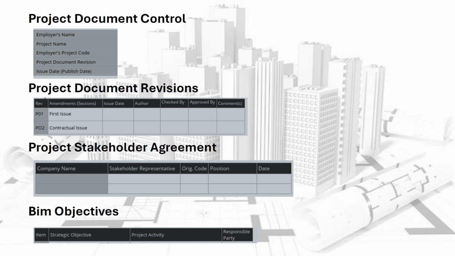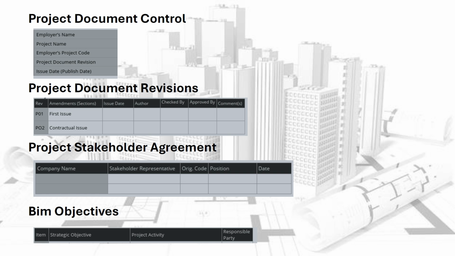This agreement outlines the roles, responsibilities, and commitments of the stakeholders involved in the execution of the BIM strategy for the project. All parties listed below are agreeing to the terms set out in the BIM Execution Plan and acknowledge their responsibility for adhering to the agreed-upon processes and procedures. Company name.